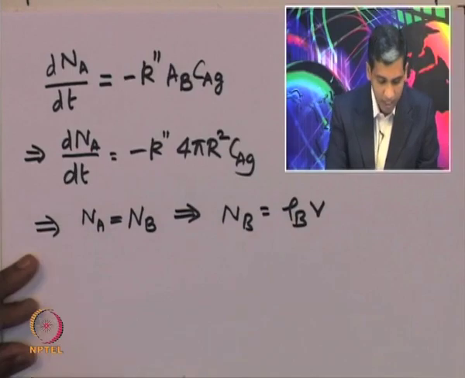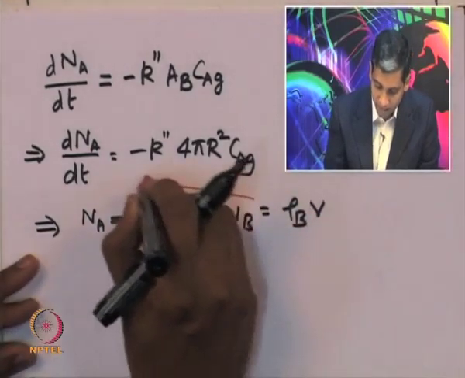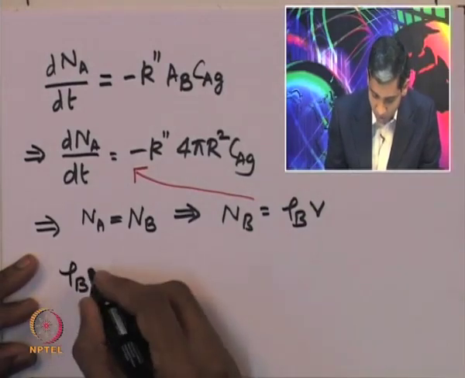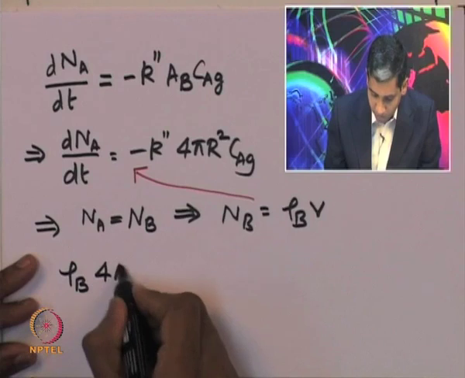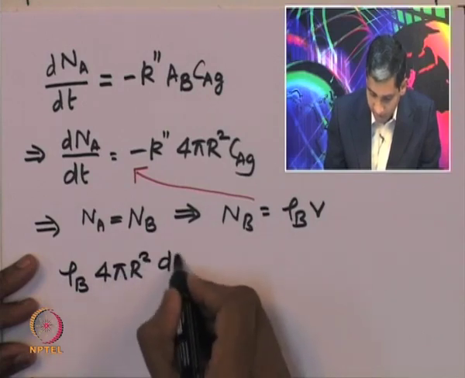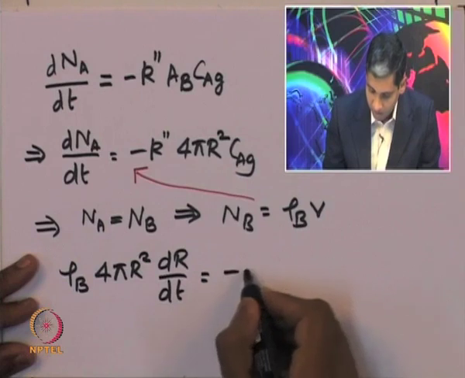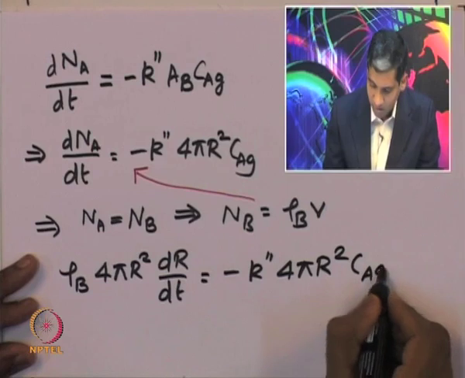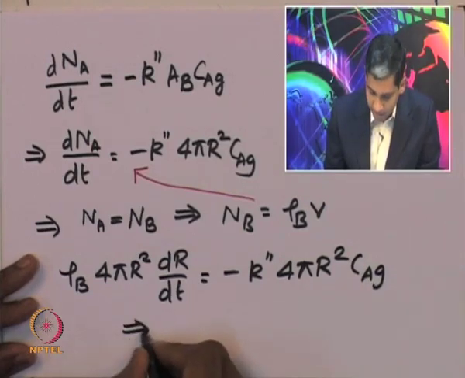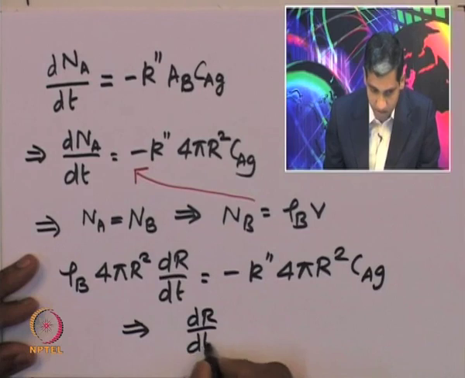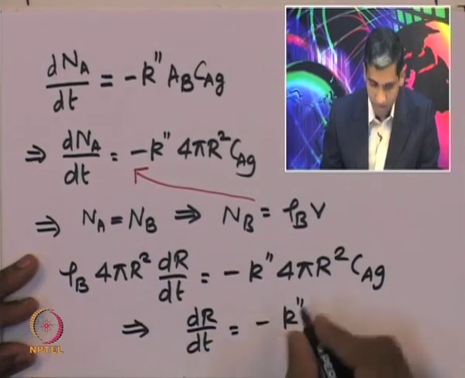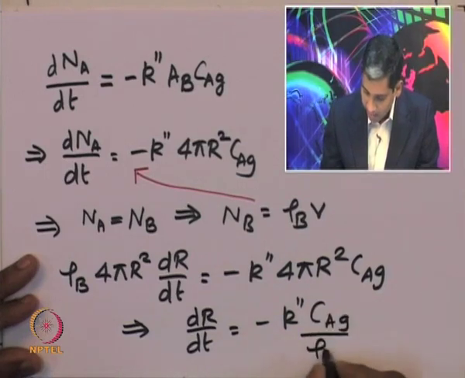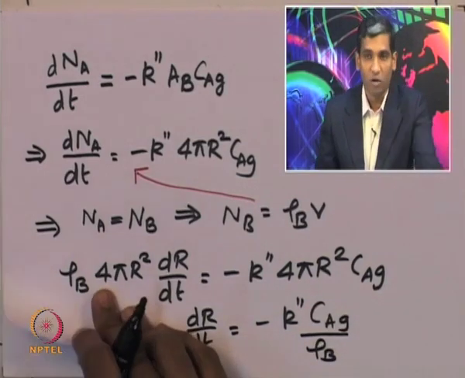Plugging this relationship into the mole balance, we can rewrite the mole balance as rho_B into 4 pi r square into dr by dt, that is equal to minus K double prime into C_AG. We can simplify this mole balance as dr by dt equal to minus K prime, which is the intrinsic specific rate constant, into C_AG divided by the density of the unreacted core.